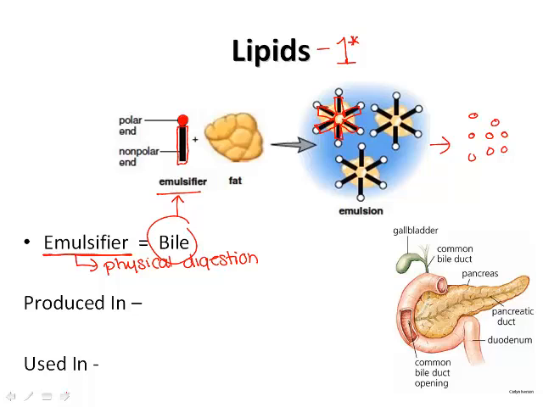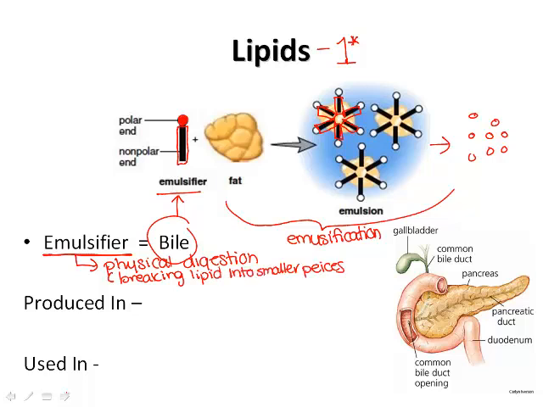This process is called emulsification, which basically means the physical digestion, or breaking our lipid into smaller pieces. The reason why we need our bile to do this is because it increases the surface area, which allows the enzyme activity to be increased.